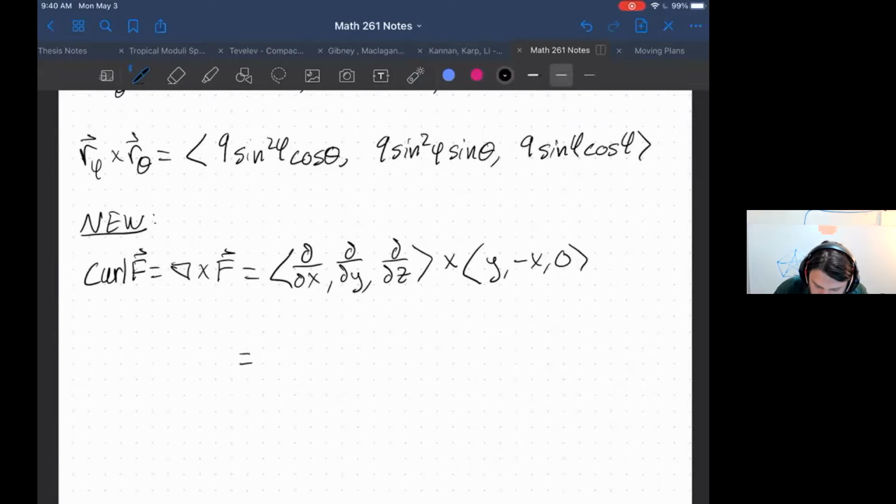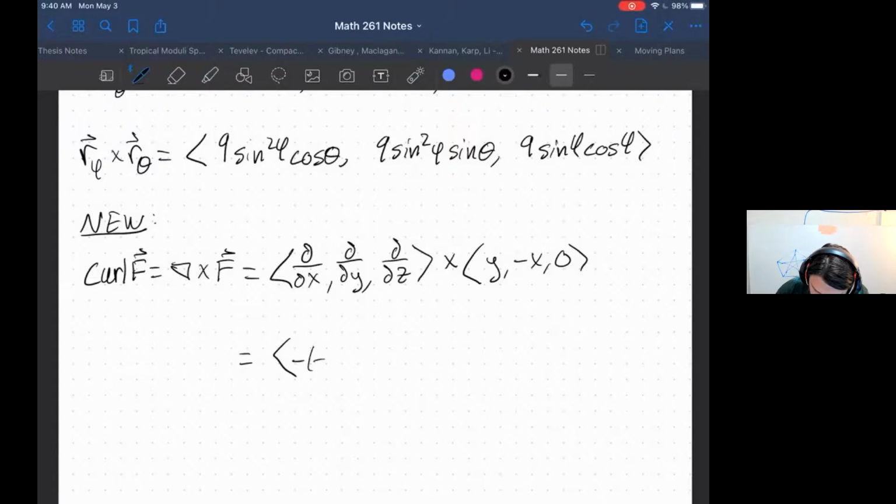So for this cross product, maybe I will go through it because a lot of things cancel out. For the first component, we have del y of 0 minus del z of negative x.